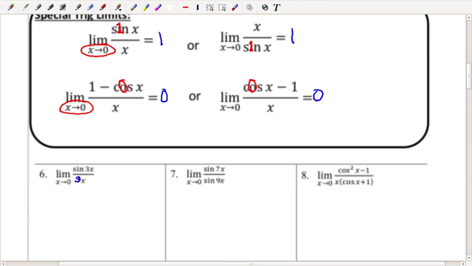And I can't just add an extra 3 on the bottom unless I also add the extra 3 on the top. So these 3's would cancel out if I wanted them to, so I'd be back to what I started with. But I don't want them to cancel out because I want this 3x and this 3x to match, so that this part of my expression is equal to 1 from this rule here, limit x goes to 0 of sine x over x equals 1.